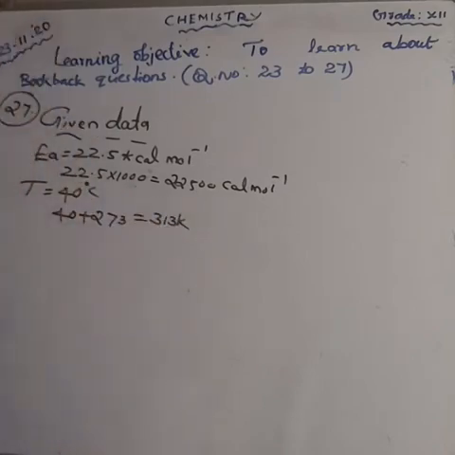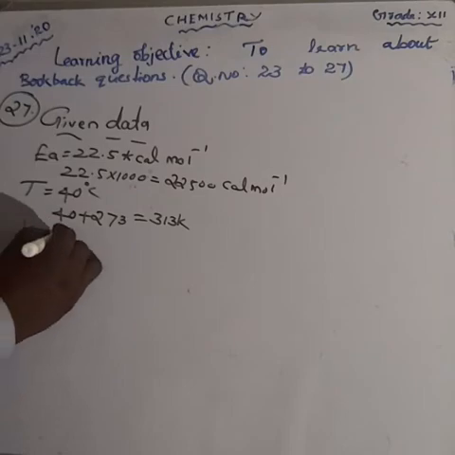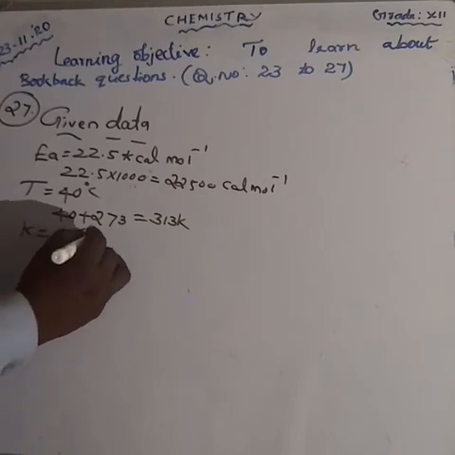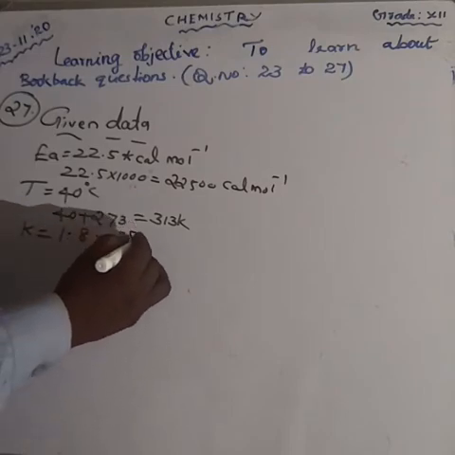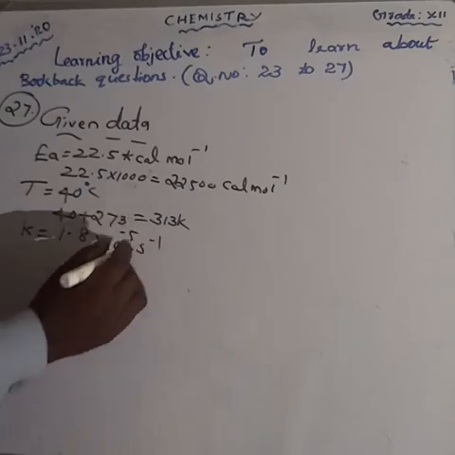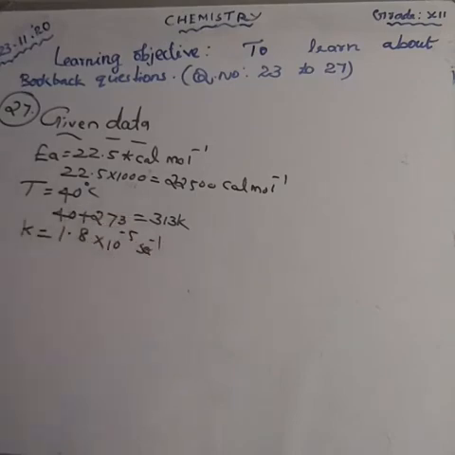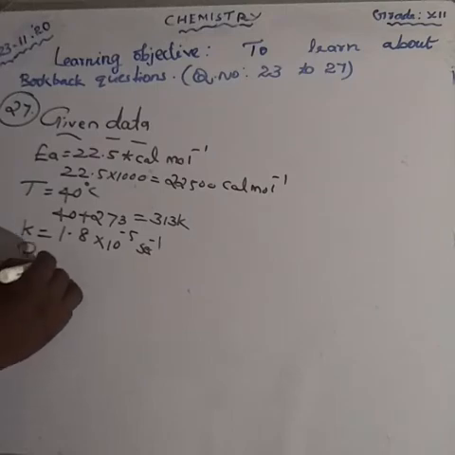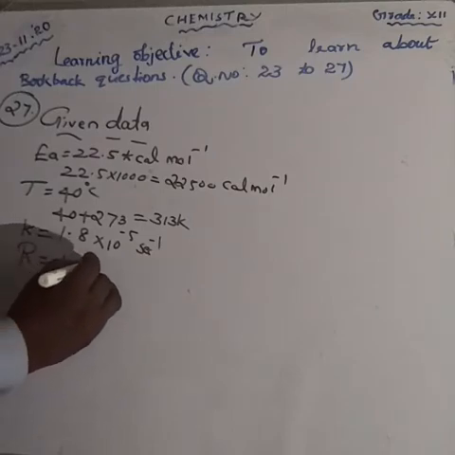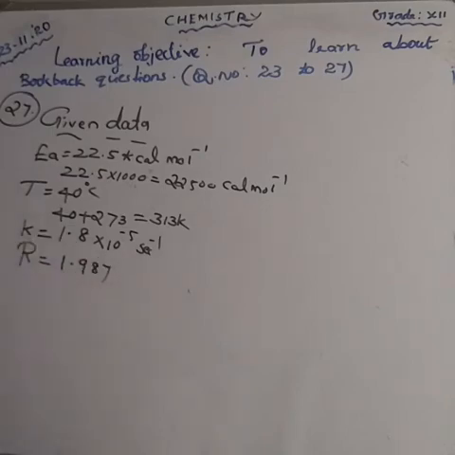Next, the rate constant K is also given. K is equal to 1.8 into 10 raised to minus 5 second inverse. Next one, R is also a constant value, equal to 1.987.